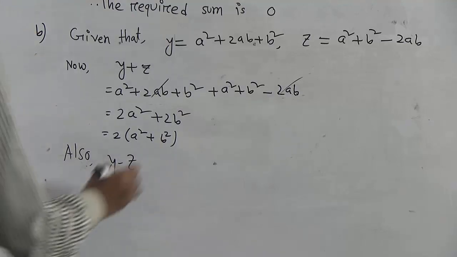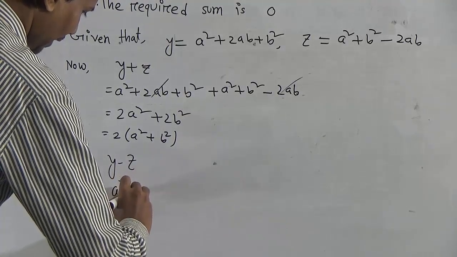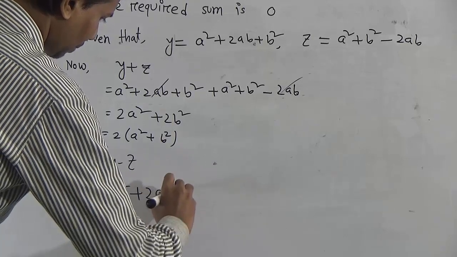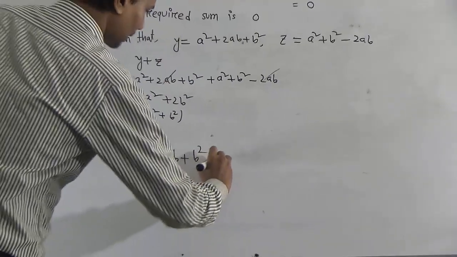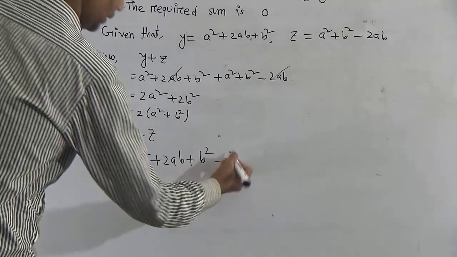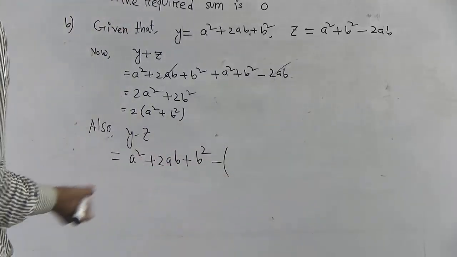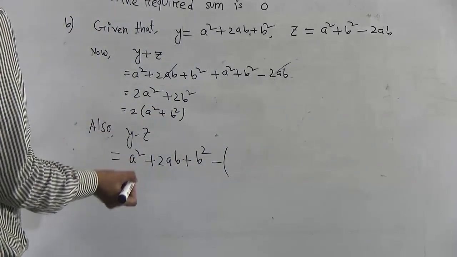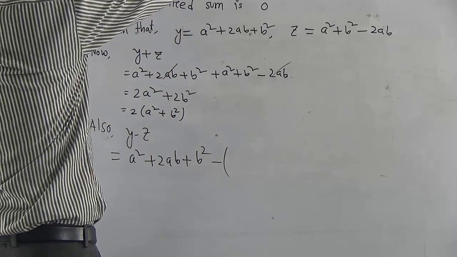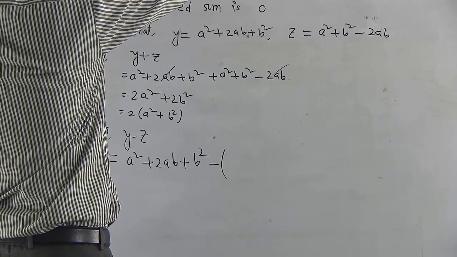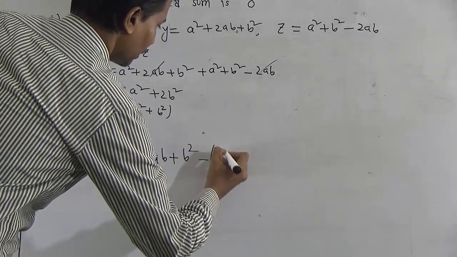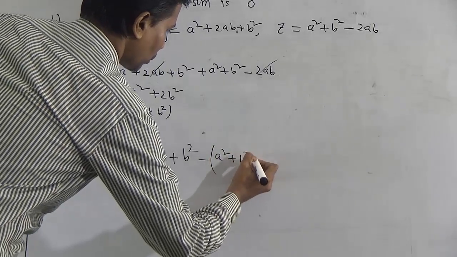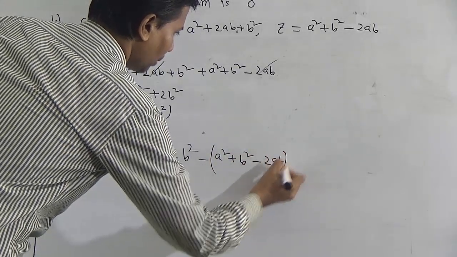Okay, now put the value. Y equals a square plus twice ab plus b square. Minus sign. Be careful here. This is minus. So you give here first bracket z. Z equals a square plus b square minus 2ab. Okay, now you put here this value: a square plus b square minus 2ab.